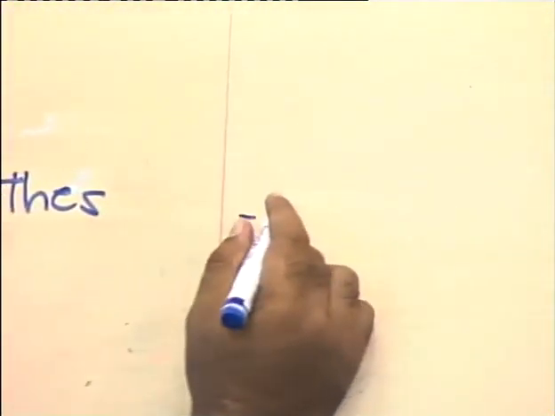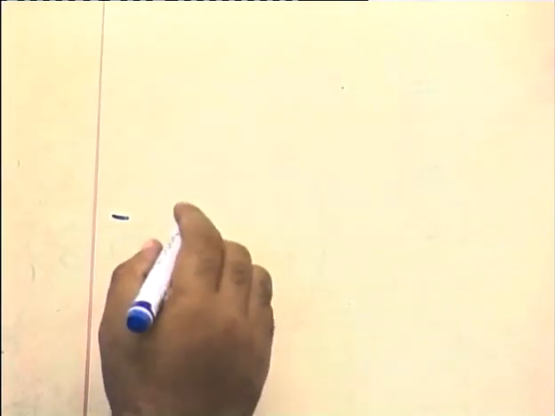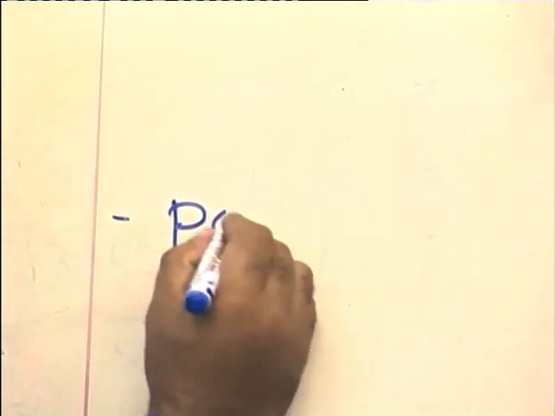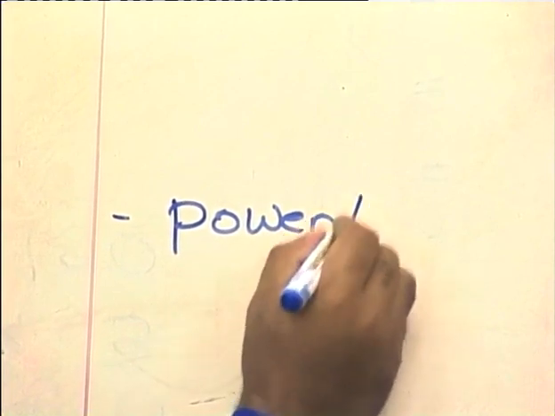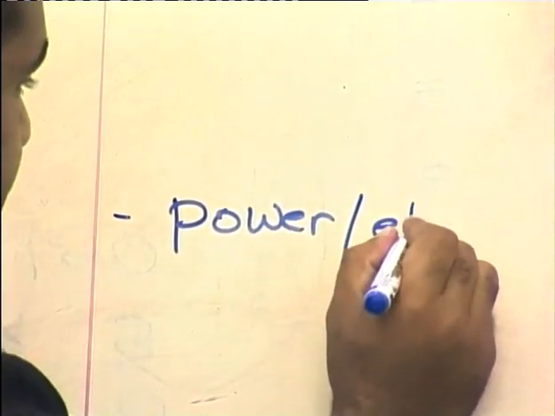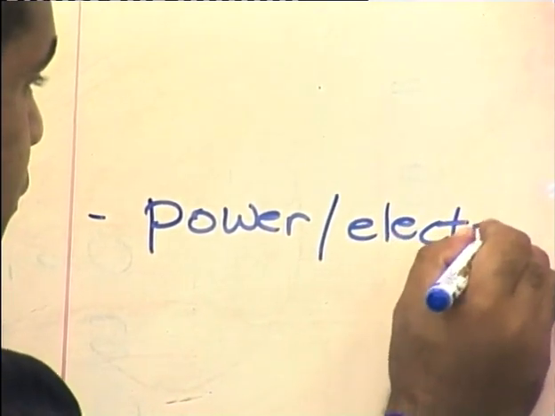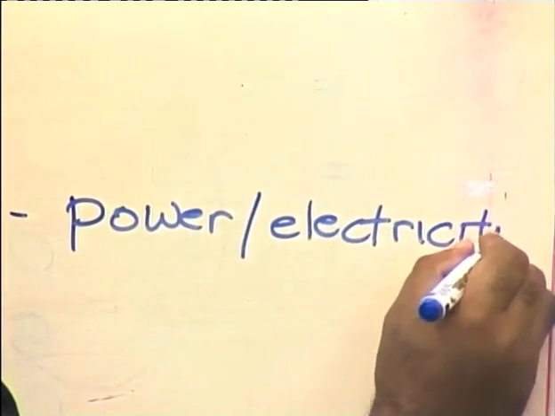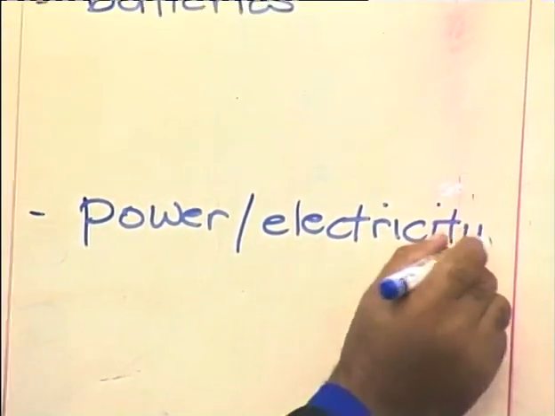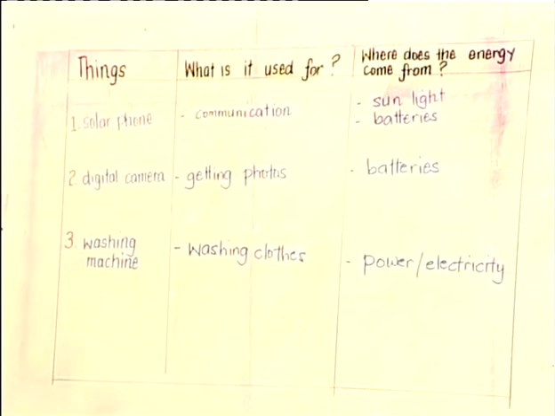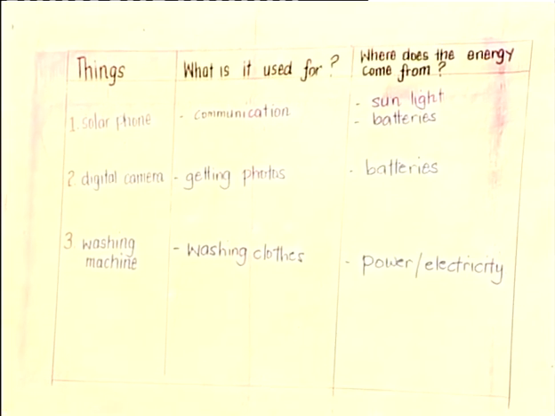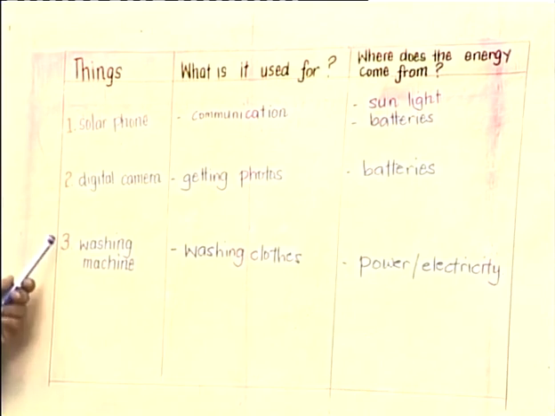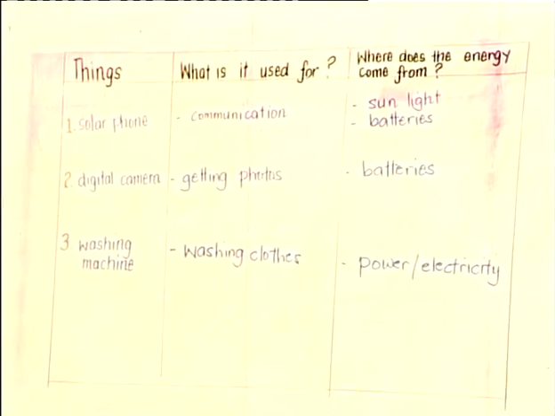Electricity. Electricity, very good. Oh, yes, power is the same as electricity. We can say power or electricity. Okay, very good. Receiving students, this is what we did in our model class.